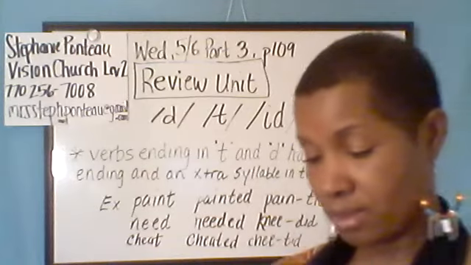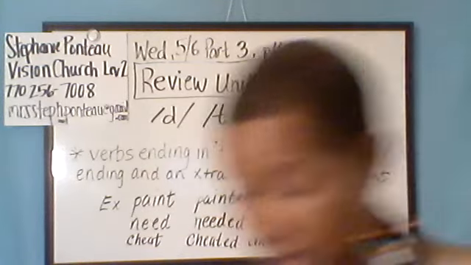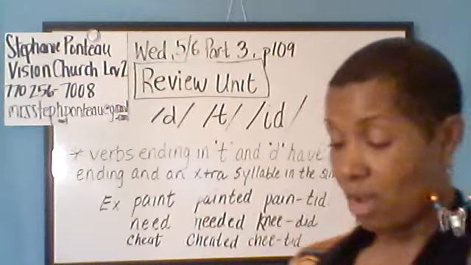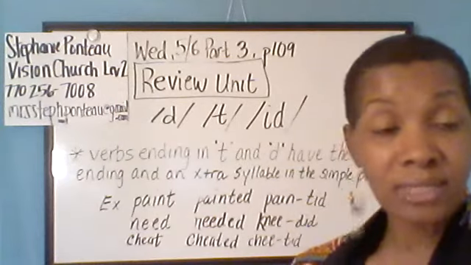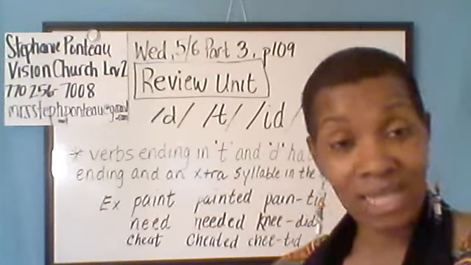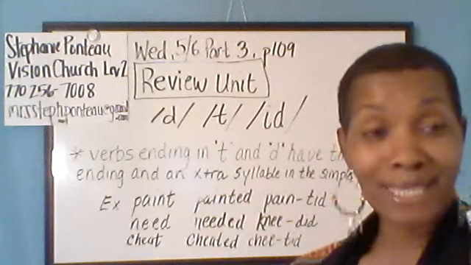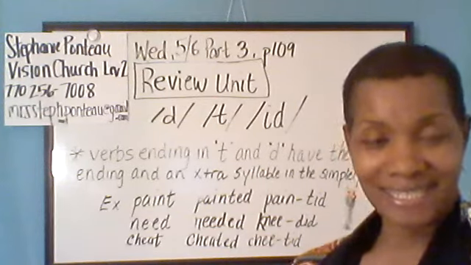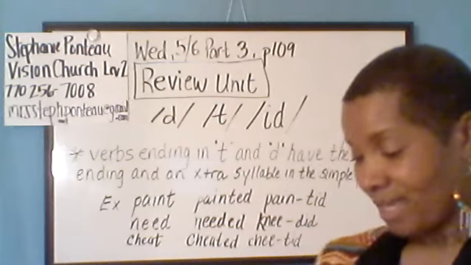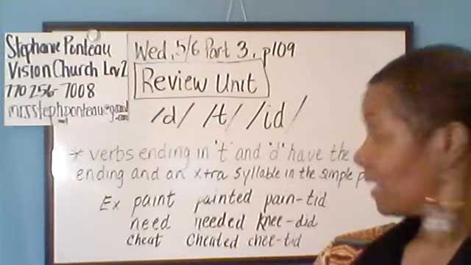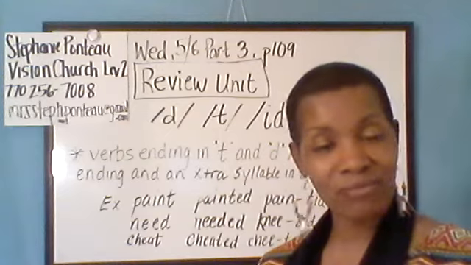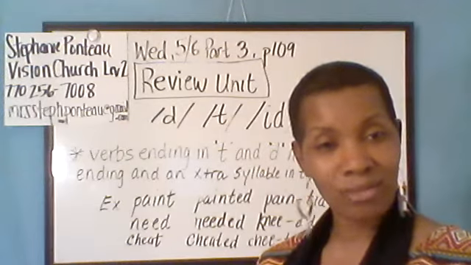Okay. All right, so this concept, I know you might be thinking, okay, all these words in their simple past end in D. Why are there so many ending sounds for words that end in D? So all I can tell you is, all languages have these little funny rules about how to pronounce things.